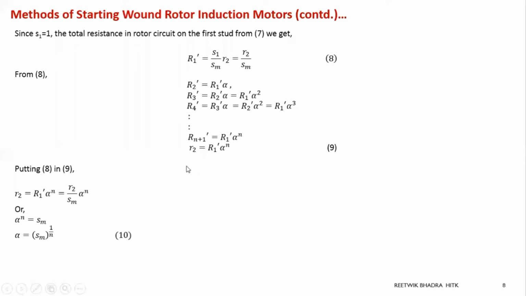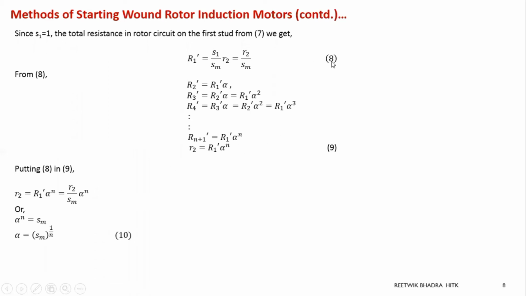You should remember your R1 dash formula is R2 by Sm. Then you can calculate your R2 dash, R3 dash and so on, because all of these depend upon alpha. R2 dash is alpha times R1 dash, R3 dash is alpha square R1 dash. So remember all the formulas in terms of R1 dash only.